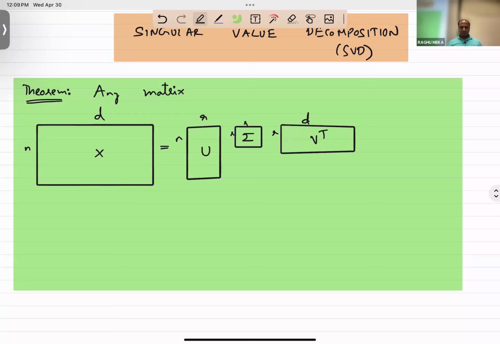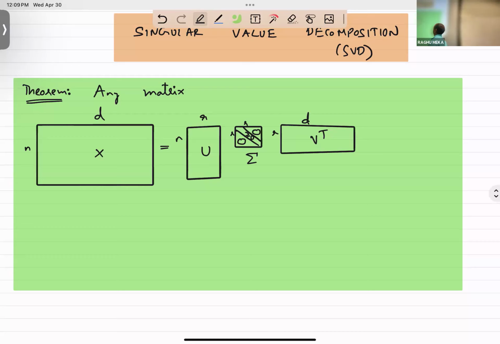Okay. So if you ask me for such a factorization, of course, you can come up with many, many factorizations. But the key thing with SVD is that it says that there exists a factorization with some very, very special properties. Okay. So what are the special properties? The first one is that the entries of the middle matrix sigma are 0 on the off diagonals.